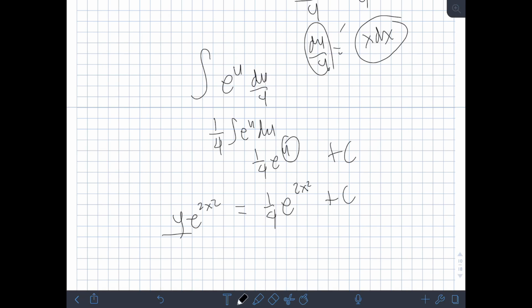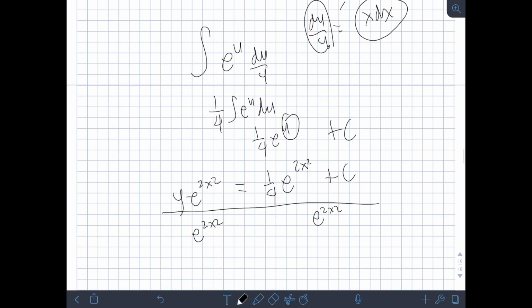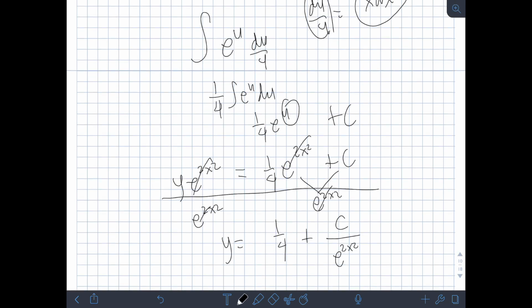So, divide both sides by e raised to 2x squared. This cancels. y is equal to 1/4, distribute, this cancels. It becomes 1/4 plus c over e raised to 2x squared. Or if we raise it, it becomes a negative exponent: c e raised to negative 2x squared. So, therefore, this is the answer. Okay?